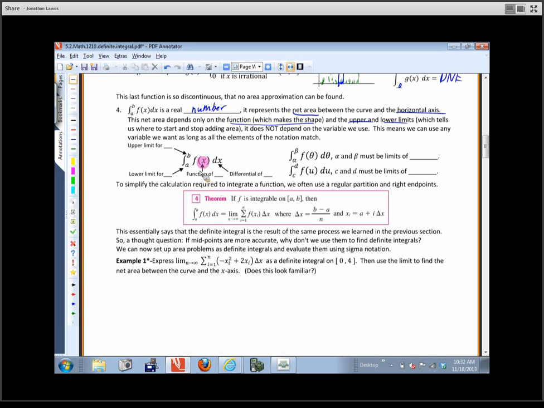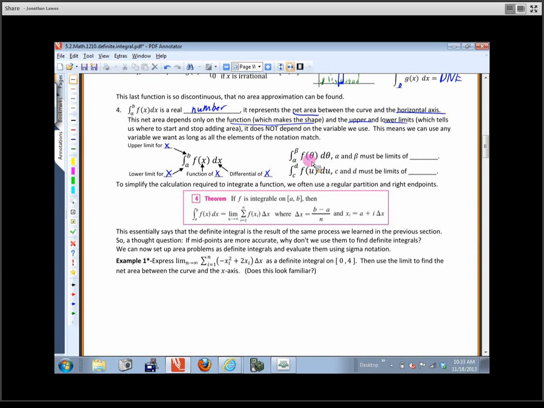So if I have this right here, this is my integrand. It's f of x. It is a function of x. That's going to represent the height. That dx needs to be a differential of x. I couldn't mix this with a y here and an x there, or an x here and a y there. Wouldn't work. This needs to be an upper limit for x and a lower limit for x. So we'll actually run across things like this.